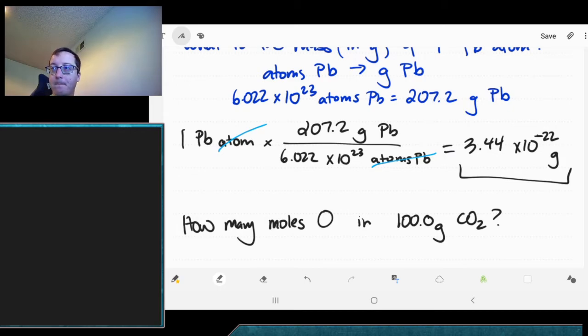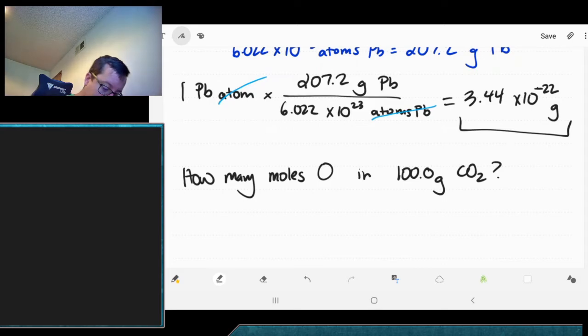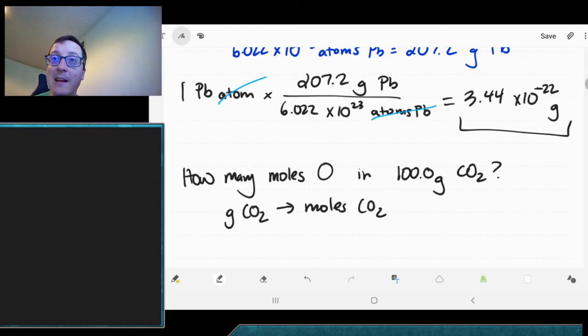Well, let's see what we can do here. Well, we know, if nothing else, that we have a conversion factor between grams and moles of the same substance. We know we have molar mass, which will get us between grams and moles, or grams and molecules if we wanted, but since I'm asking for moles, we don't need to worry about molecules.